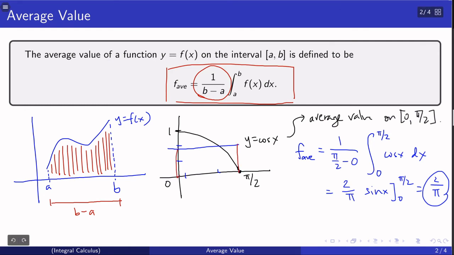If I draw this rectangle here with constant height at 2 over pi, I can also imagine this as my average, because it's pretty much getting this portion of the graph that's above the average and saying that it's actually exactly enough to fill in the gaps here for the parts that are smaller than the average.